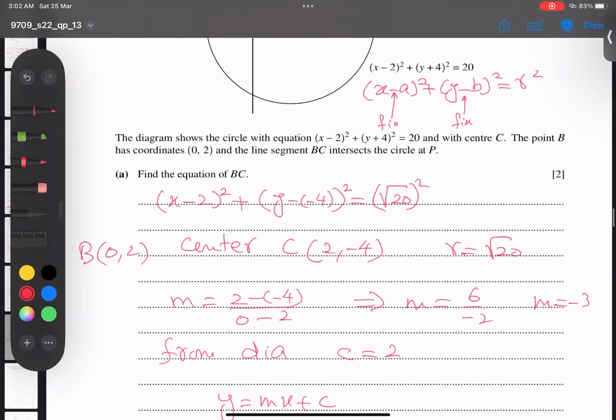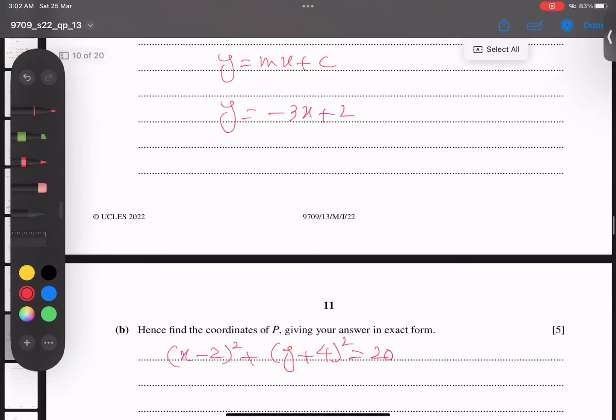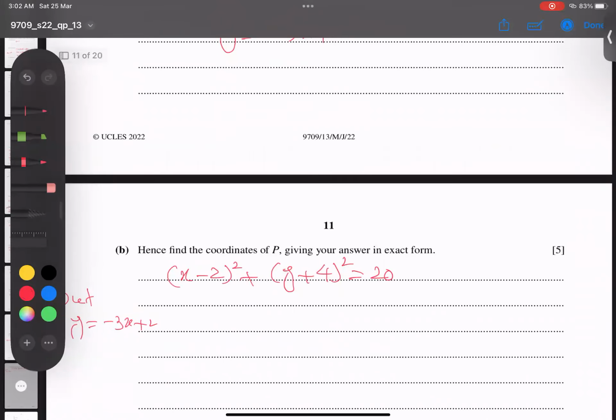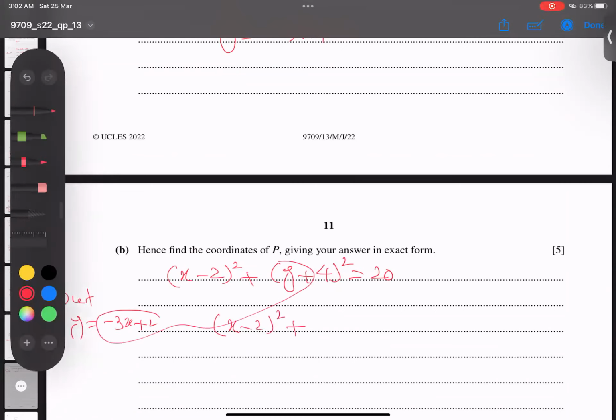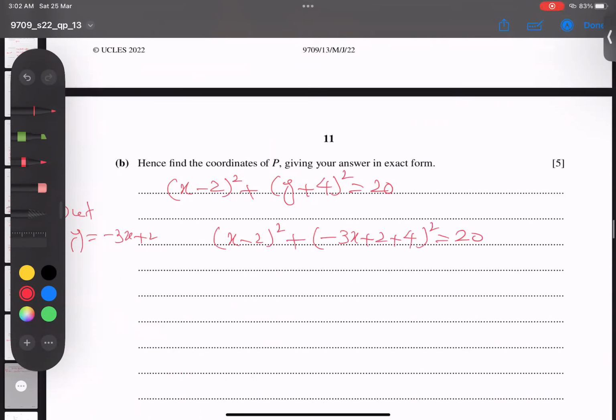Let me recheck. Yes. And now I'm going to replace the value by putting y equals negative 3x plus 2. So when I replace, students, what happens? Because we're looking for P, we have to expand this anyway. So first of all, better I plug it in. I'm not expanding it yet. So when this value comes here, I get negative 3x plus 2 plus 4.